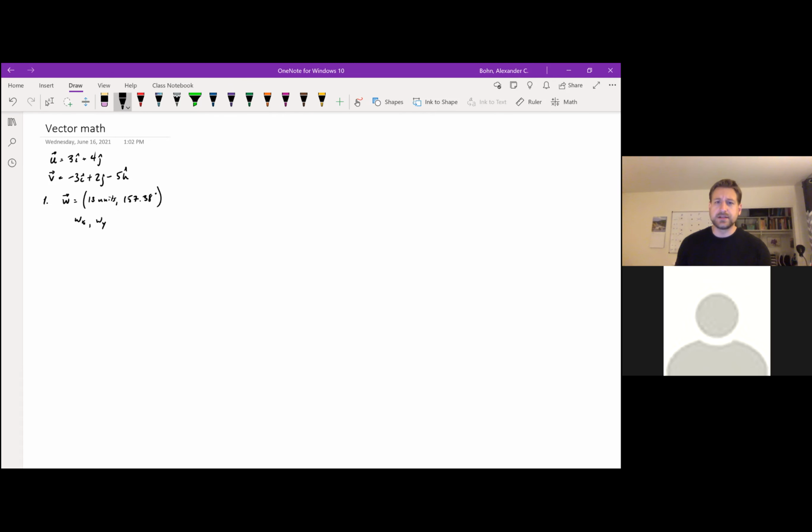W has specified for us a magnitude, 13 units, and a direction, 157.38 degrees counterclockwise from the positive x-axis. We can find the components using trigonometry. Where w is the magnitude of vector w, so there's no arrow over top, so we mean the magnitude.